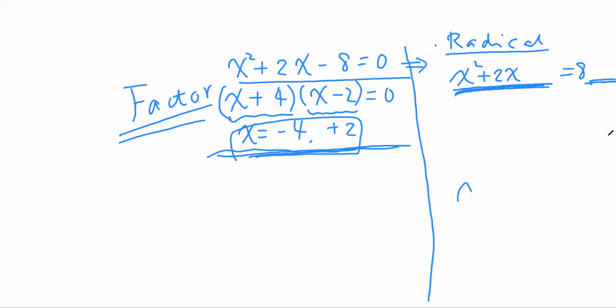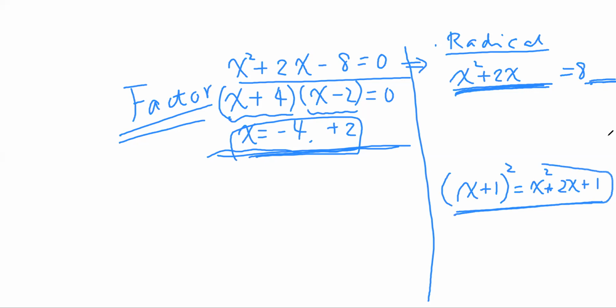Say we know this one, right? (x plus 1) squared equals what? x squared plus 2 times the 2 terms, which is 2x, plus 1, right? Did you guys still remember how to do this backward and frontward? Both of them, you can do this one, you can do this one.